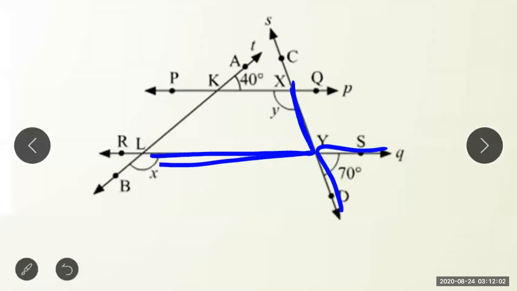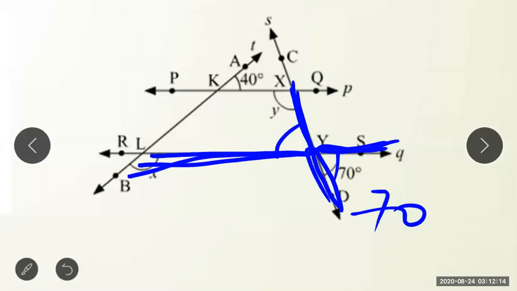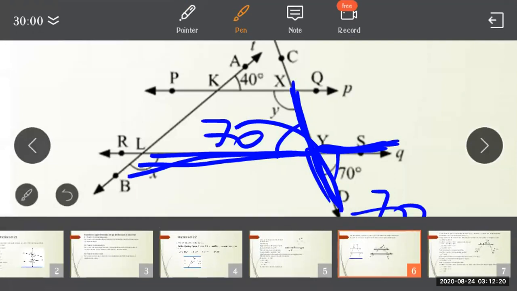Here this angle and this angle are vertically opposite angles. If this angle is 70 degrees, the opposite of this angle will also be 70 degrees. I have explained vertically opposite angles. If this angle is 70 degrees, the opposite angle is also 70 degrees. So here we got one angle also.